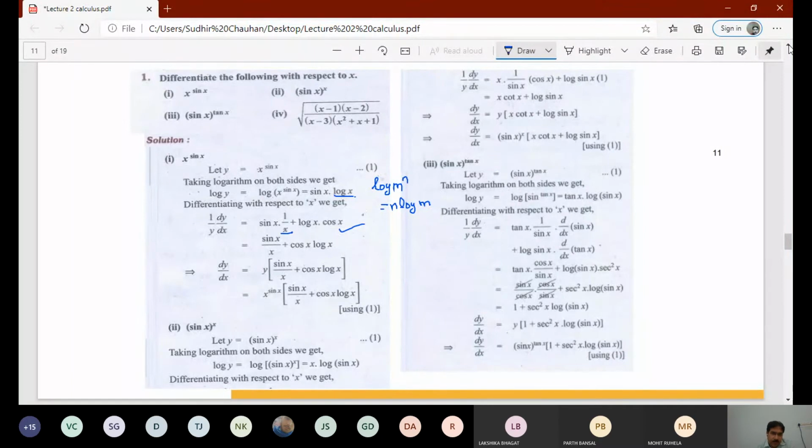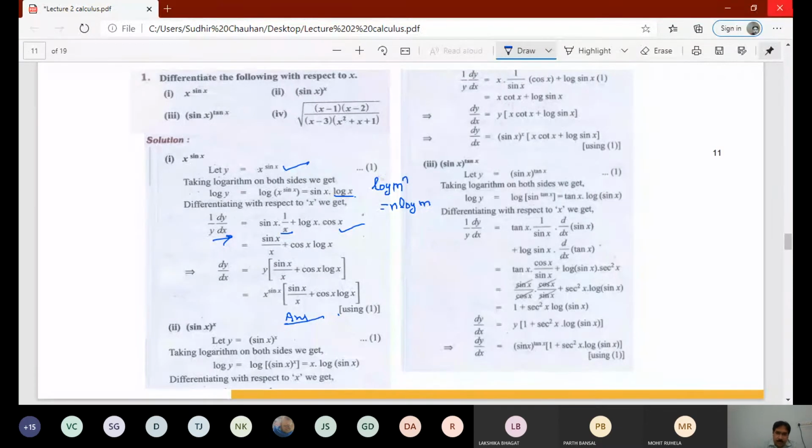After simplification we can get this, and then this y can be shifted to the right hand side. So it will be y into sin x upon x plus cos x log x. And again we'll put the value of y, that is equal to x raised to power sin x. In that way we can get the answer.